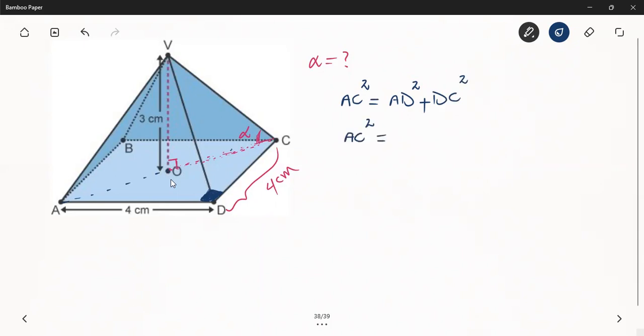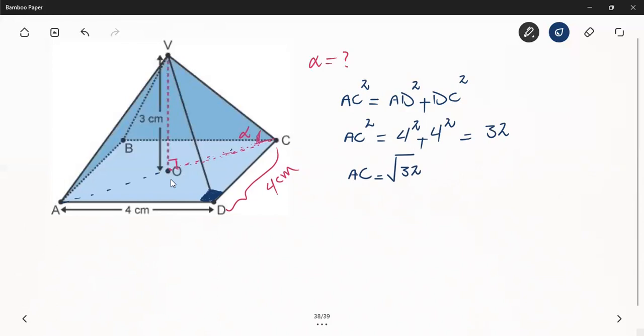It becomes 4 to the power 2 plus 4 to the power 2. How much is that? 32. Then AC is the square root of 32. That's what I wanted, for the hypotenuse of the base right triangle.